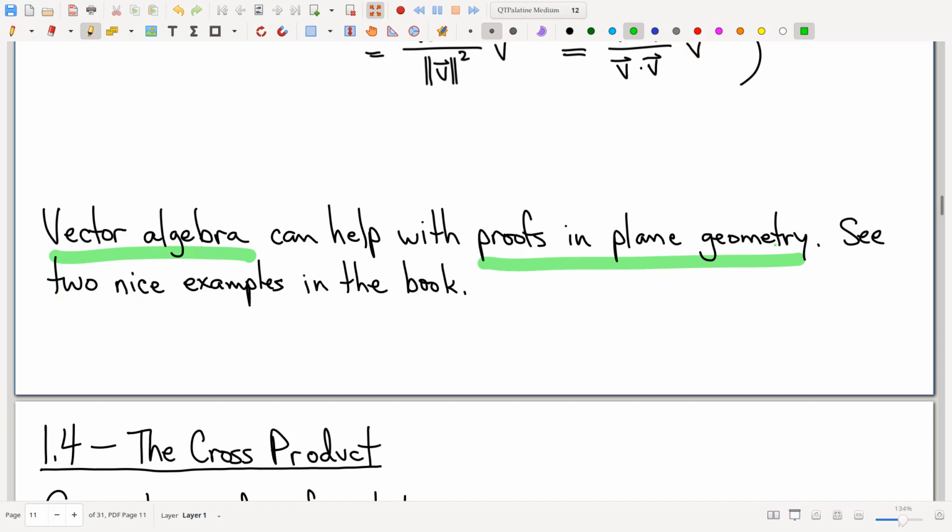So various facts of plane geometry that are otherwise inconvenient to prove are easy if you set up the question in a complete and natural way, and then just use a little vector algebra. So it'd be worth your time to look at those examples. Looks like there are two nice examples in the book, and I think there's at least one homework exercise that's kind of in the same direction. Same basic idea. All right.